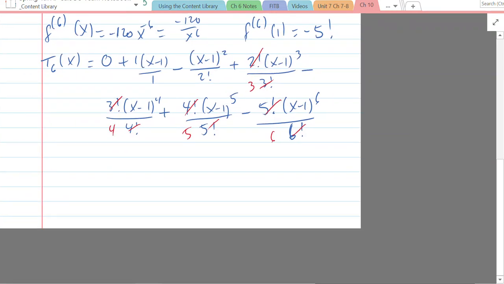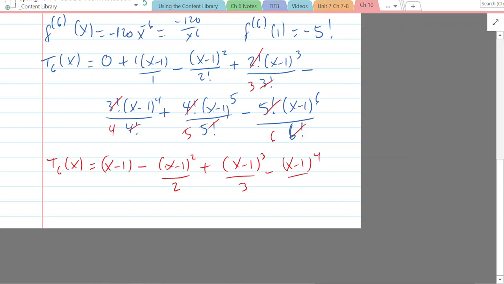And when you simplify this, the 6th degree Taylor polynomial is going to be x minus 1 minus (x minus 1) squared over 2 plus (x minus 1) cubed over 3 minus (x minus 1) to the 4th over 4 plus (x minus 1) to the 5th over 5 minus (x minus 1) to the 6th over 6.